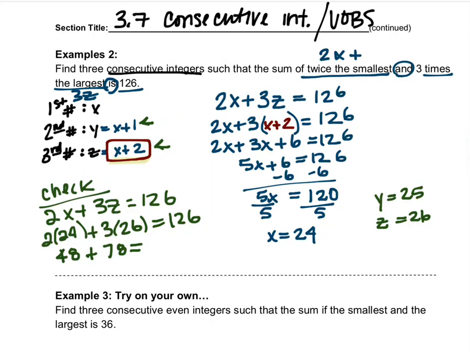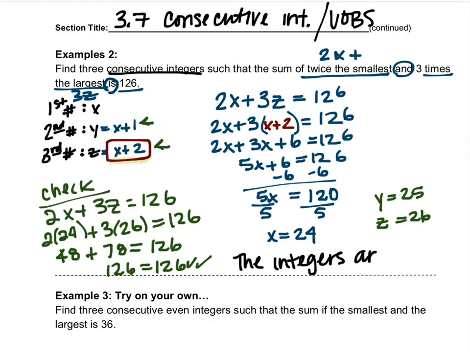And when I add those two pieces together, I do in fact get 126. So it checked out for us. So the three integers that I found, so I'm going to write the three integers, are 24, 25, and 26.